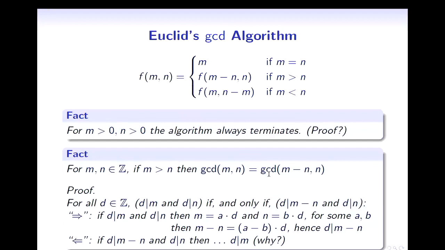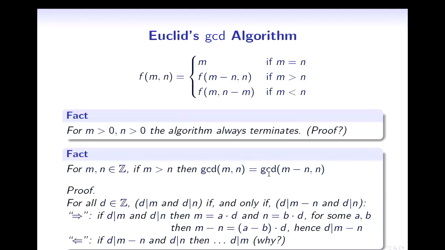Does anyone have an idea of how you can prove this? What is a good argument why we can be sure that this algorithm always terminates? Now, you have seen in the example, when I started with 70 and 42, that I had to do a few steps.